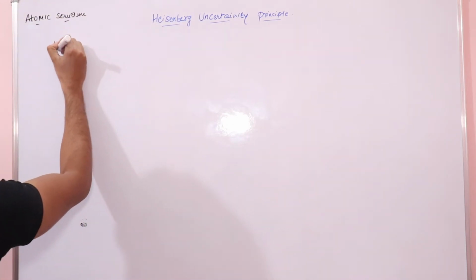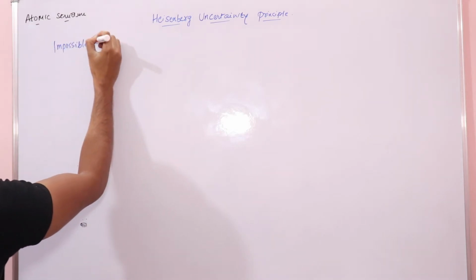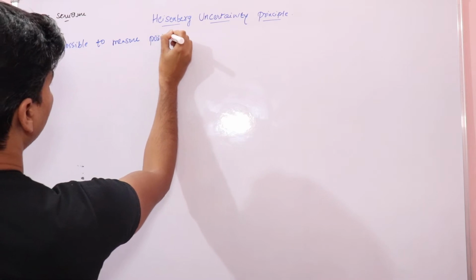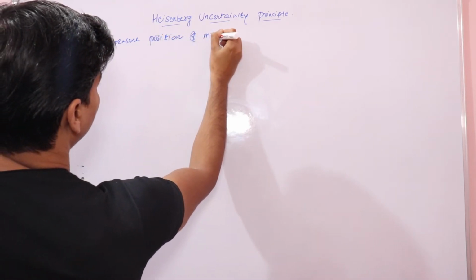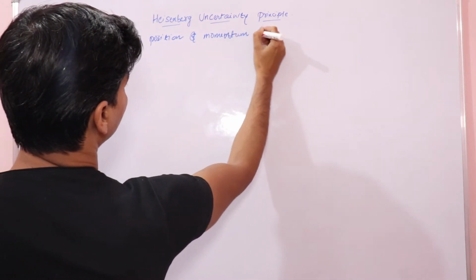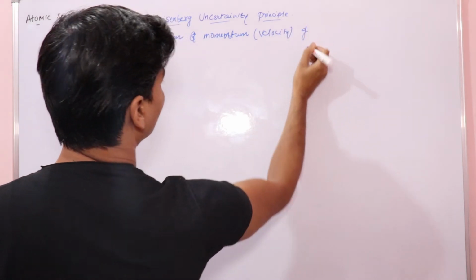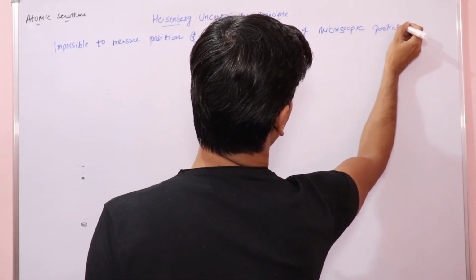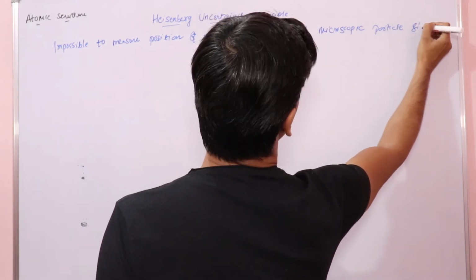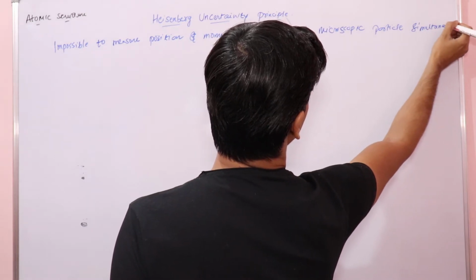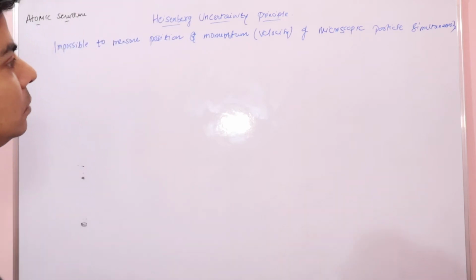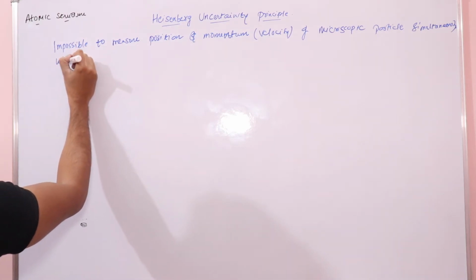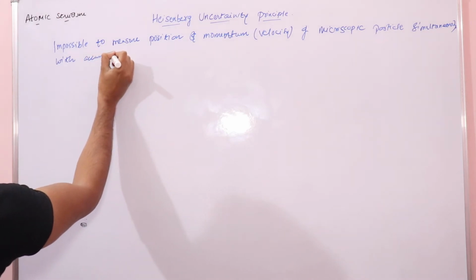So it states that it's impossible to measure position and momentum, or we may also write it as velocity, of microscopic particles simultaneously with accuracy or certainty.